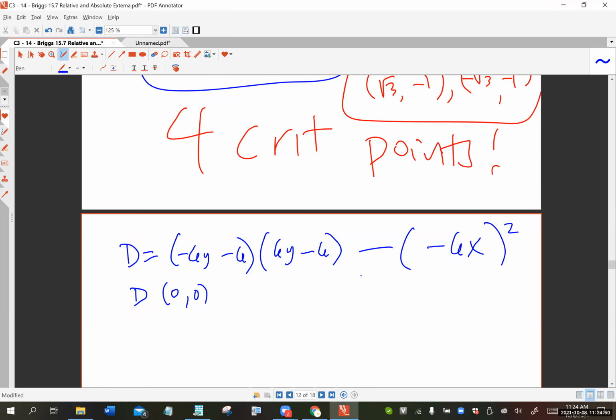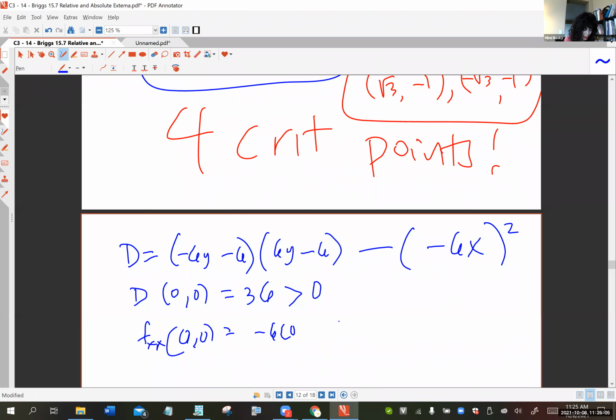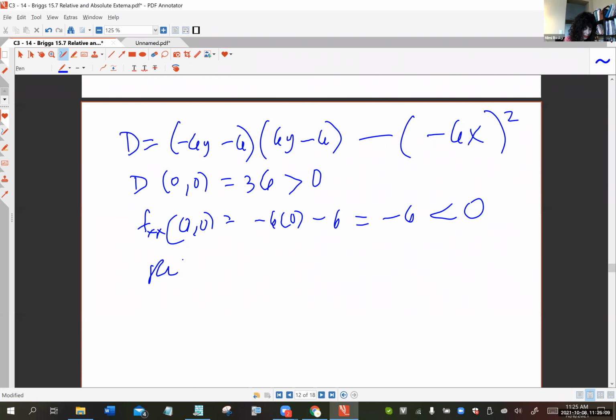Yeah, and that's positive. So then you're gonna go, what's fxx evaluated at (0, 0)? And you're gonna go, well, negative 6 times 0 minus 6, that's a negative 6, that's negative. So you get a relative max at the point when x and y are (0, 0). And if you go get the actual max value, it's a 1. Okay, so you got that.